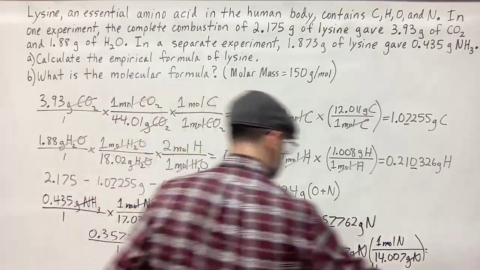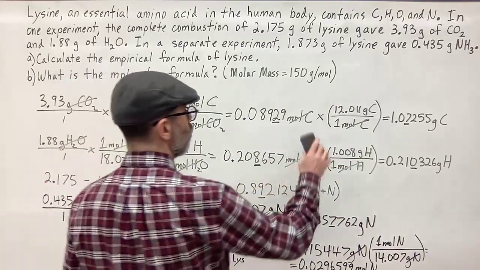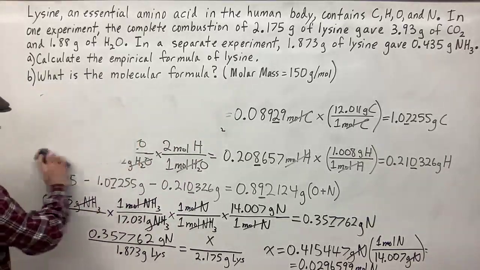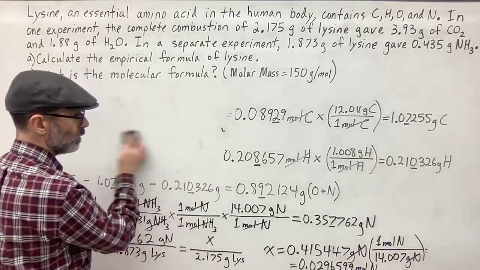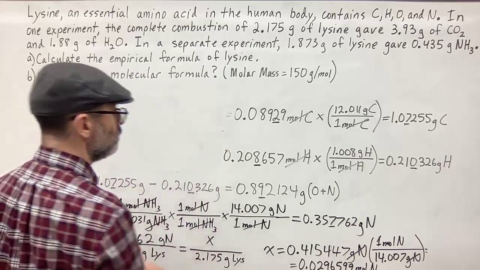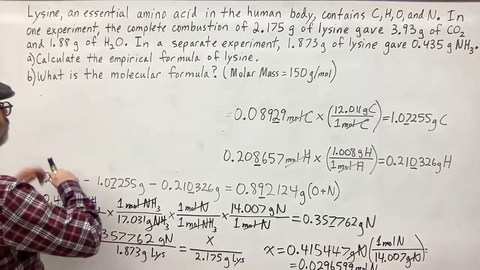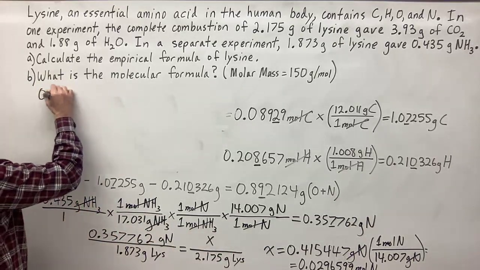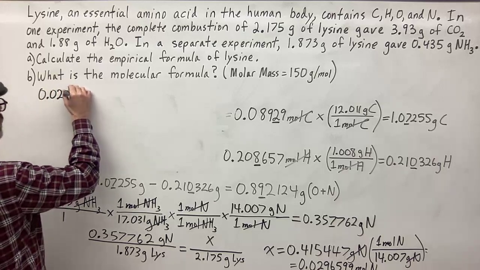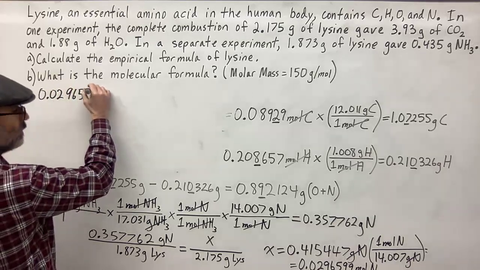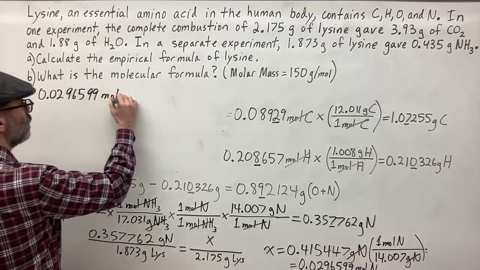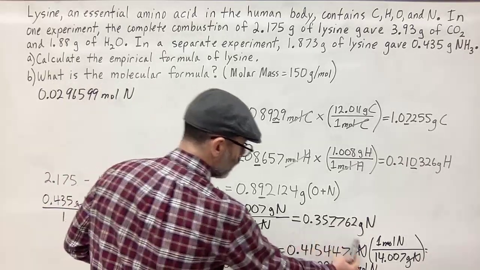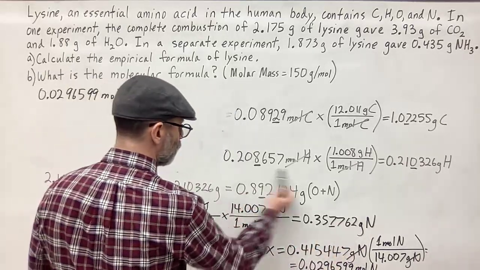Yeah, so let me erase some of the stuff here. So I'll erase this to give myself some room. Okay, so nitrogen, we have 0.0296599 moles of nitrogen. Now I can take the grams that I have of nitrogen, subtract that from here.